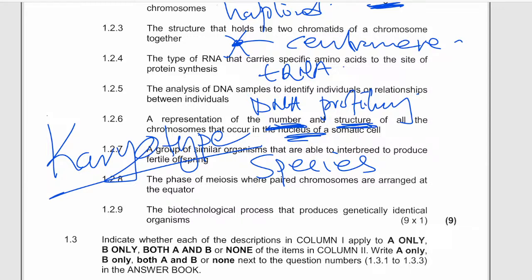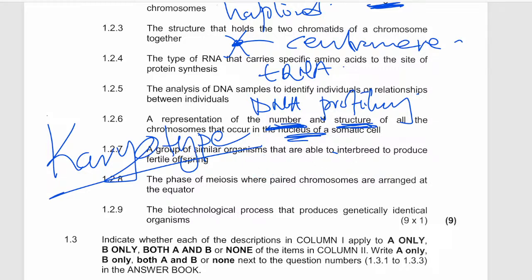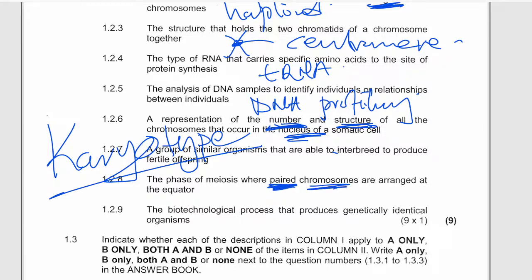Then the next question: the phase of meiosis where paired chromosomes are arranged at the equator. You see the word pair, guys. This word is a key point. The chromosomes are not single; they are in homologous pairs.